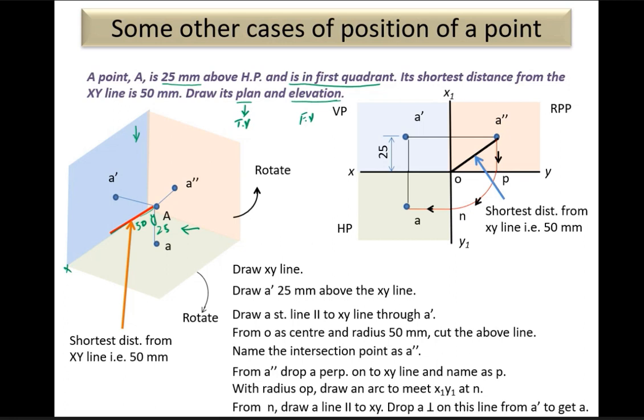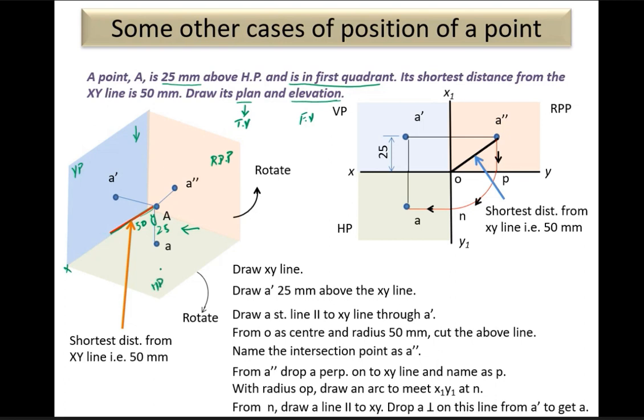Is it clear? Yes. Here we are going to use our right profile plane. So in the right profile plane, you will get this 50 line. Either we could use the vertical plane, but in the vertical plane we will not see the 50, correct? In the vertical plane we will get only 25, and we don't know about HP.